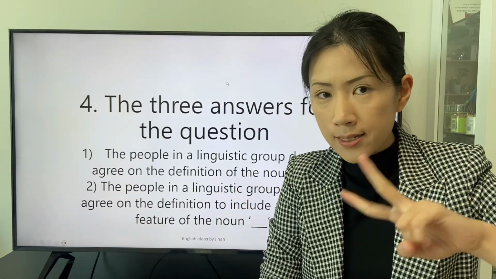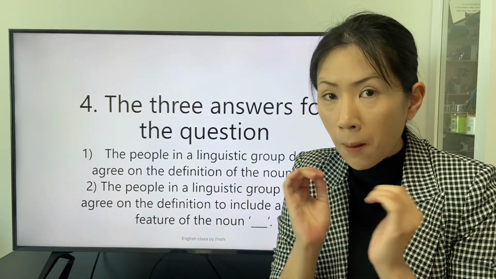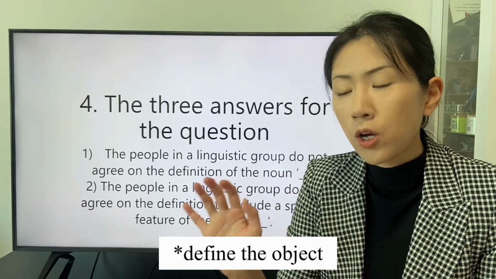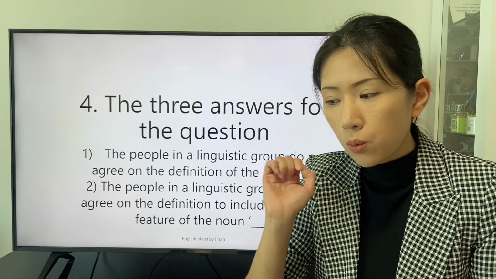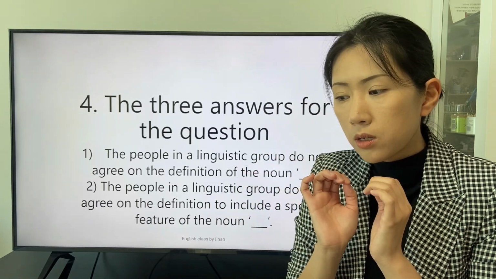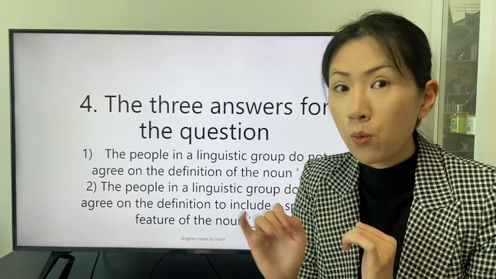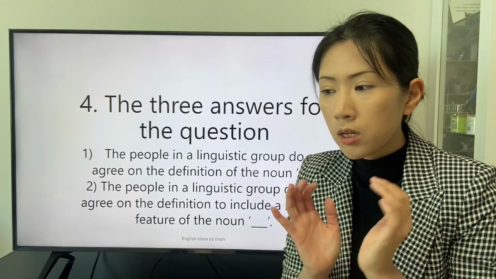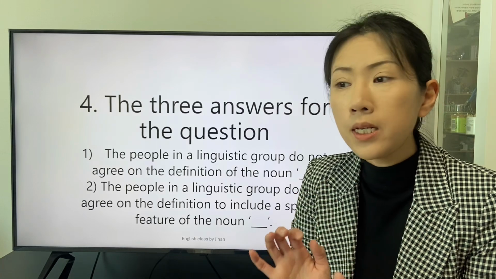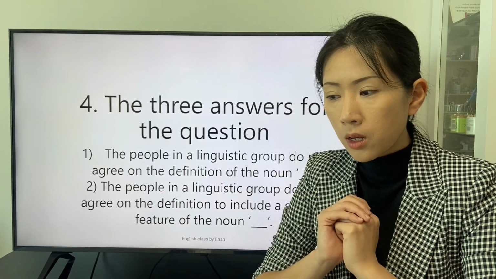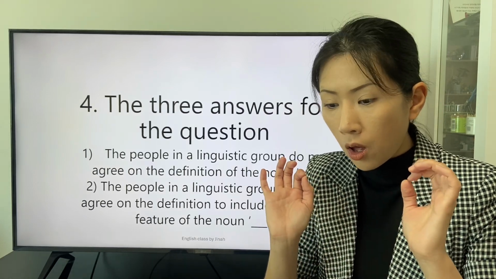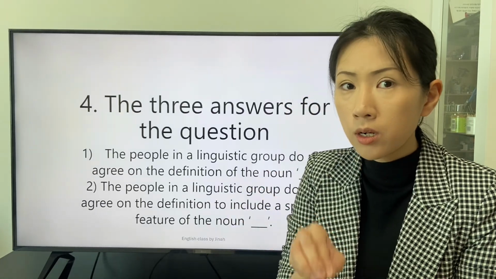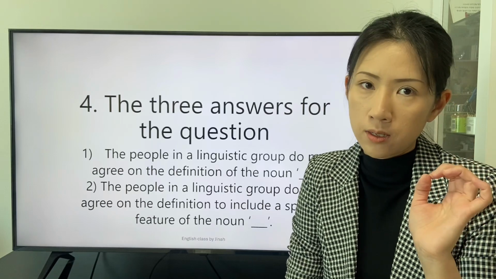The second case is that the people in the linguistic group, the object, with many ways, as the first case does. But the people in the linguistic group agree on each answer which is correct.